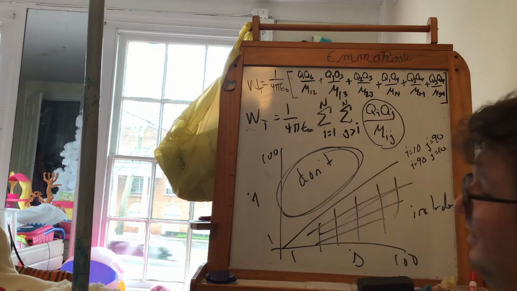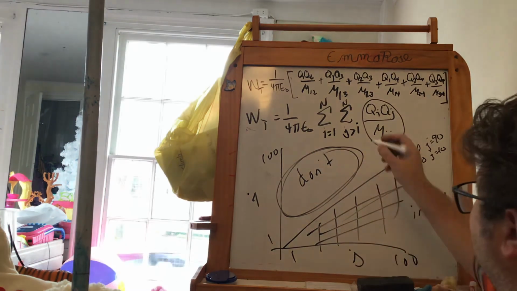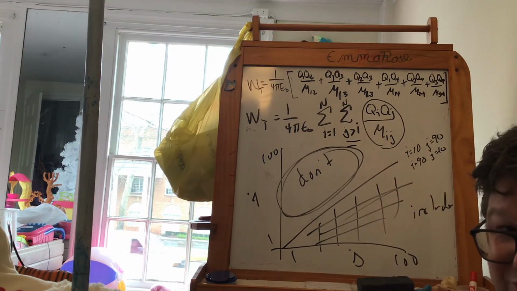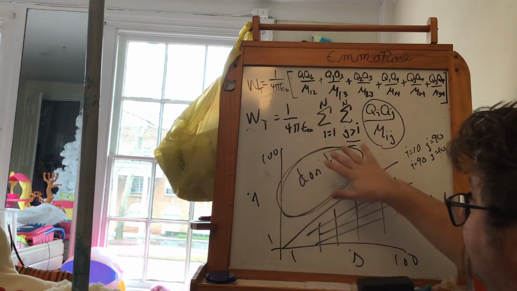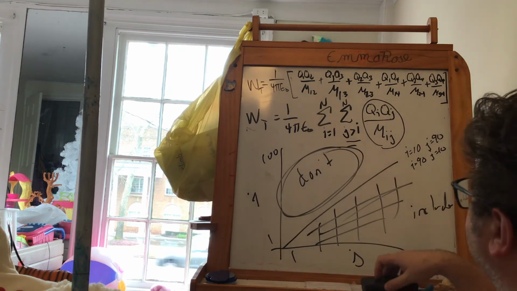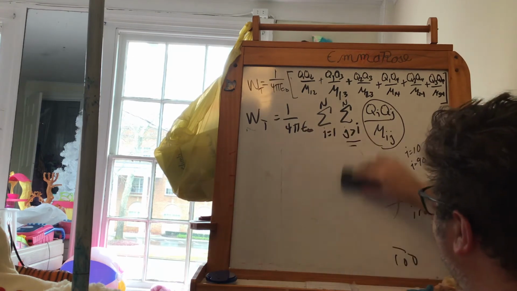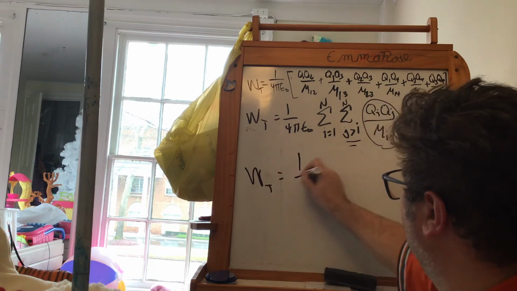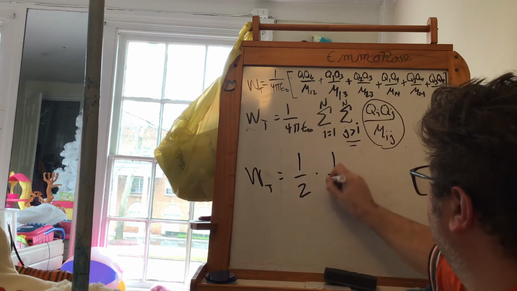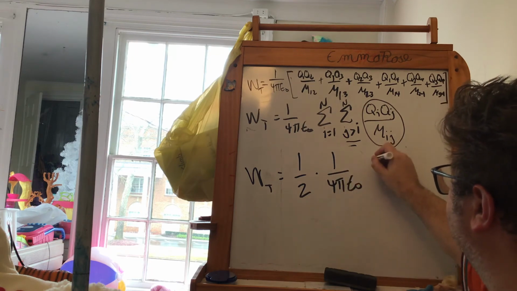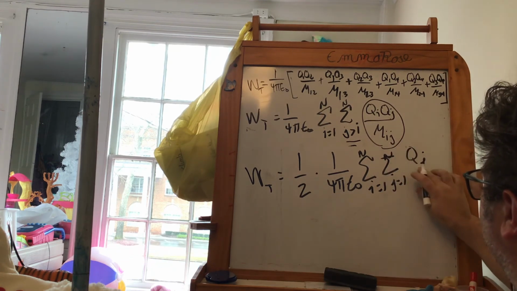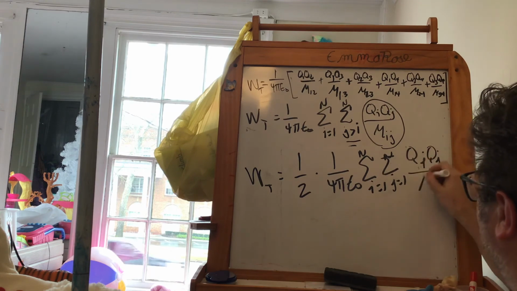So if I put this in, I'm going to double count. So here, I start my sum at j equal to i. But if I turn it into a sum from j equal to 1 and I include all terms, I'm double counting. So I have to include a factor of 1/2. 1/2 times 1 over 4 pi epsilon naught, the sum i equal 1 to n, the sum j equal 1 to n, q_i q_j over script r_ij.